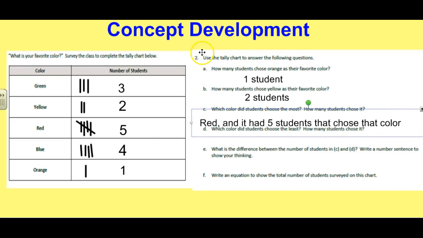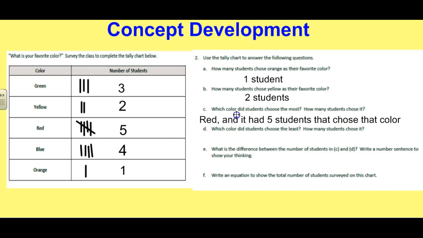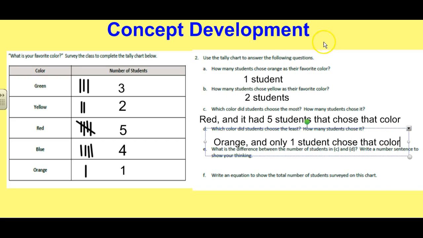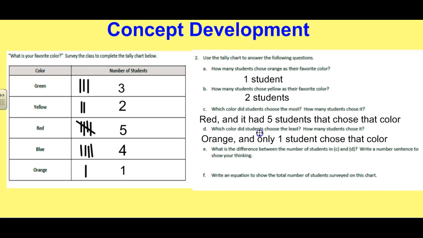And then the next question says which color did students choose the least and how many chose it? So the least amount of people chose orange, and only 1 student chose that color. If you need to push pause at any point in this, please make sure you're doing that so you can write down your answers and keep up with me at the same time.